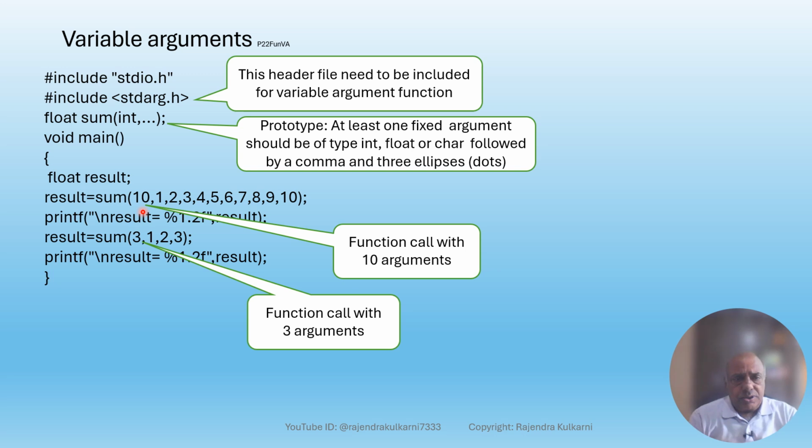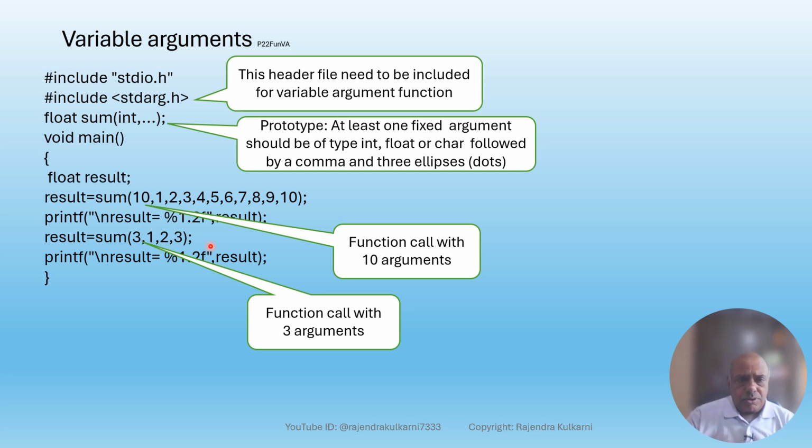Now the same function I am using with a call for 3 arguments. Result is equal to sum 3. The first argument is the number of optional or variable arguments which we are going to use in this call of the function.